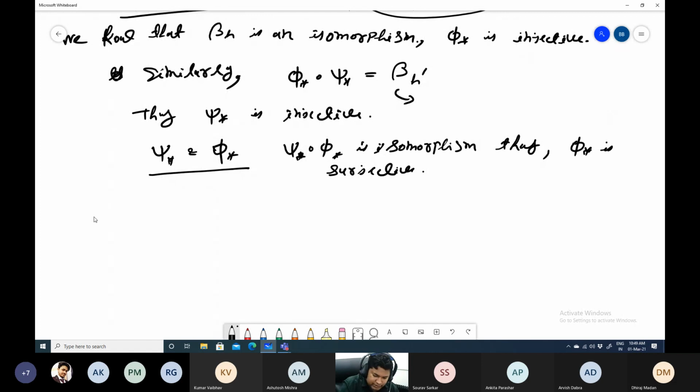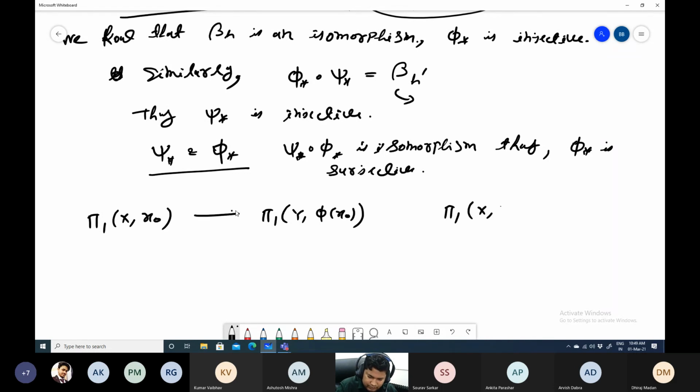So it is in this way actually. pi1(X, x0), pi1(Y, y0), sorry. This is phi star.